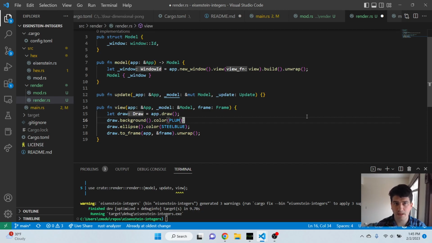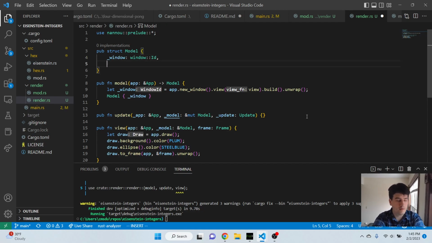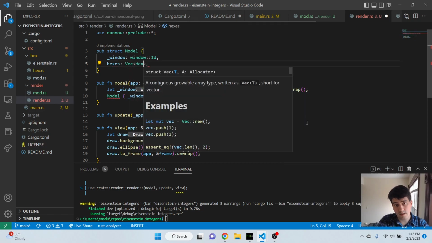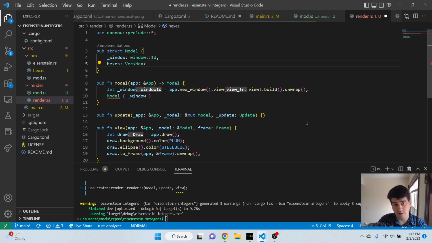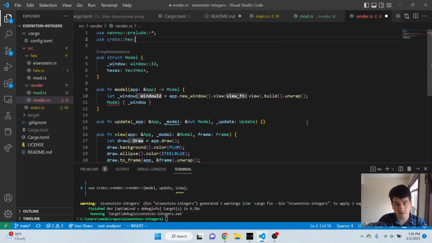So let's say hexes, vec hex. Seems important that we create hex.